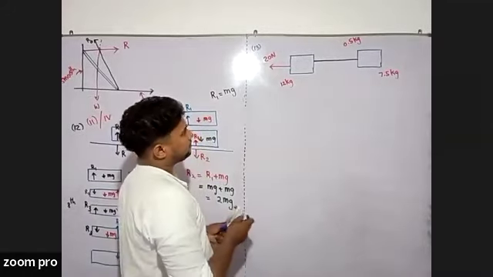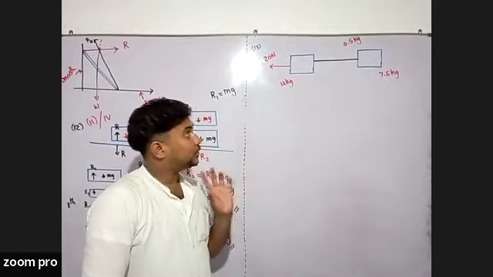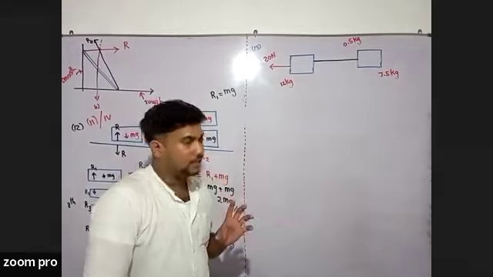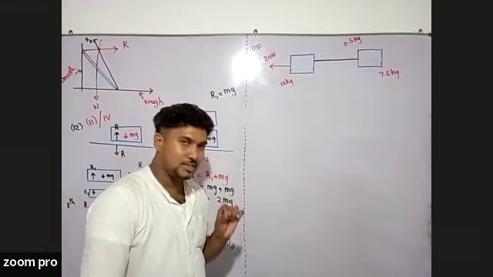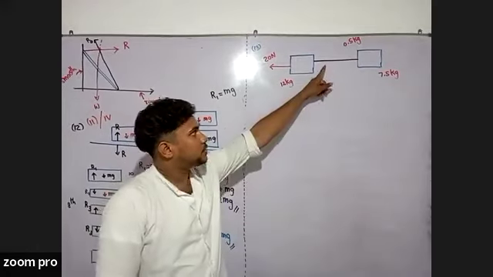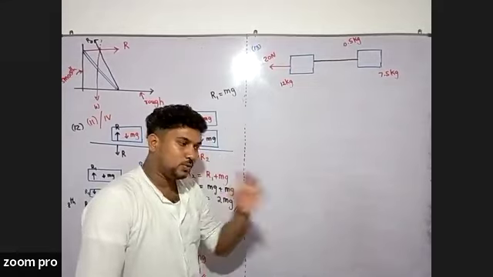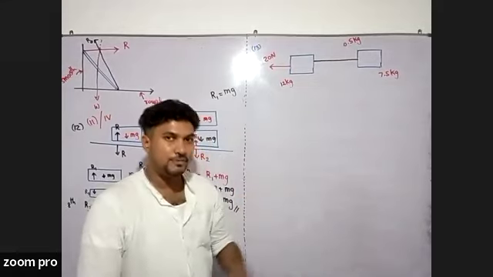Now here there is something to remember, otherwise the answer obtained will be wrong. If the string has a mass, that means the tension throughout the string has different values.